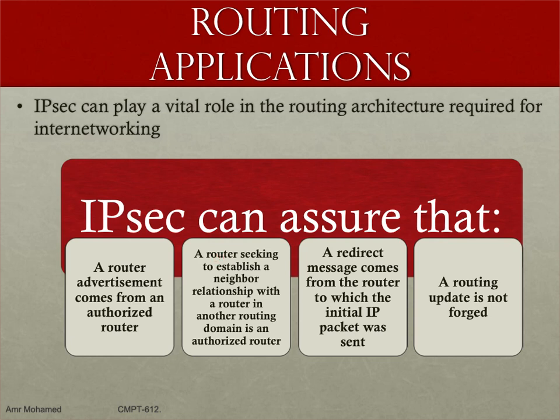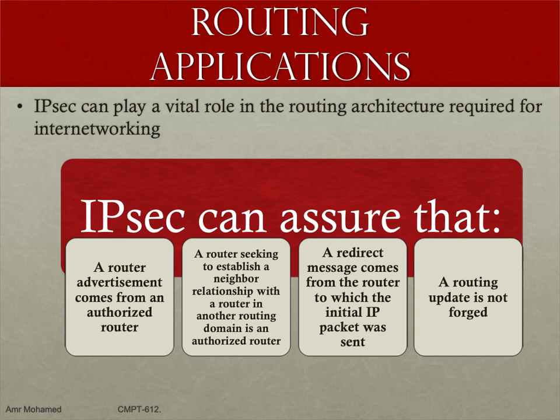A router seeking to establish network adjacency sends hello messages. Hello messages between routers are also authenticated, and routers need to make sure that they are coming from an authorized router. So that also uses IPsec. Even if a router wants to redirect messages, it also needs to make sure that this is coming from an authorized router.